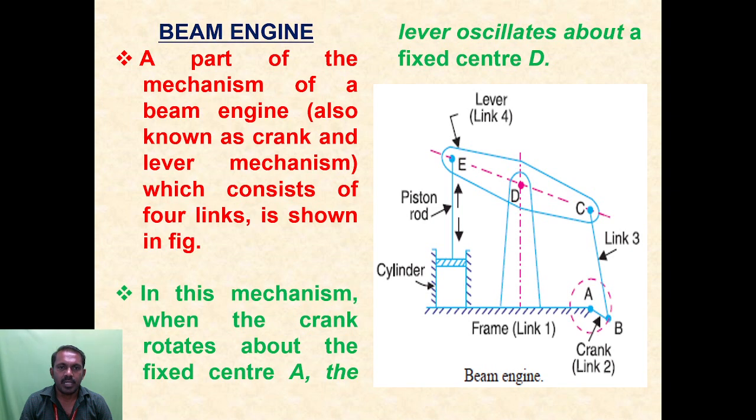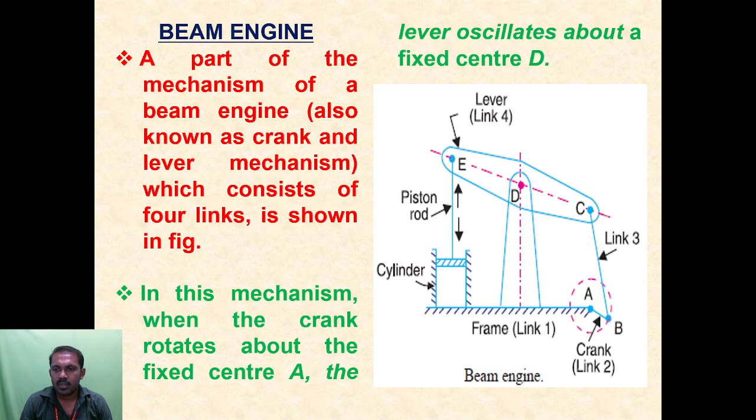A part of the mechanism of the beam engine is known as the crank and lever mechanism, which consists of 4 links: the crank is one link, the connecting rod is one link, the frame is one link, and lastly the lever is one link. There are 4 links.